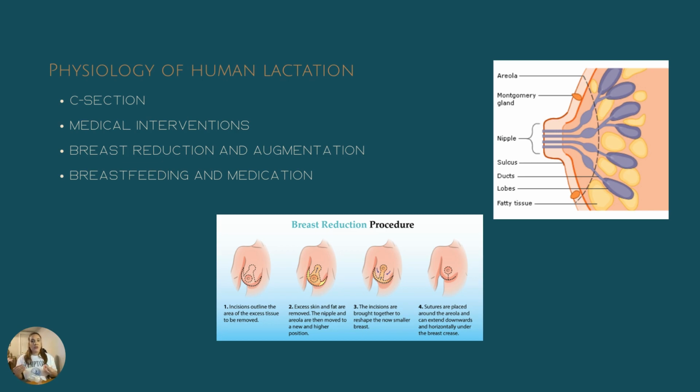Let's learn hand expression really early on so you get the mantra of how to remove your own milk. So when this occurs, they don't have to hear the language of the medical provider or the nurse saying, oh, you just can't latch, or you're just not making milk, or you have no milk, we have to give them formula.